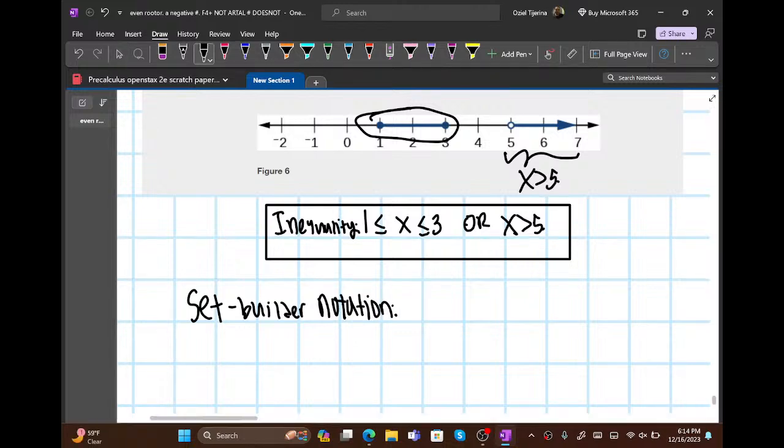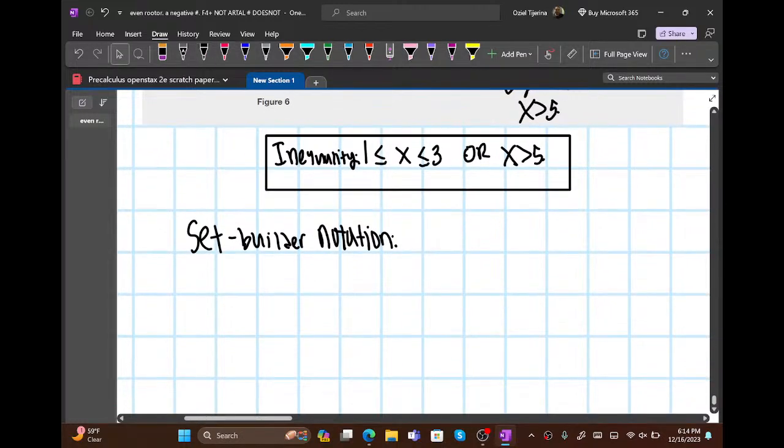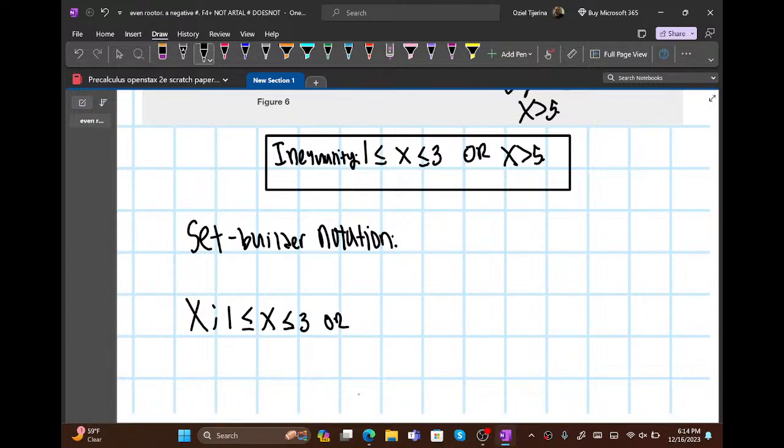It's going to be x such that 1 is less than or equal to x is less than or equal to 3, or x is greater than 5.